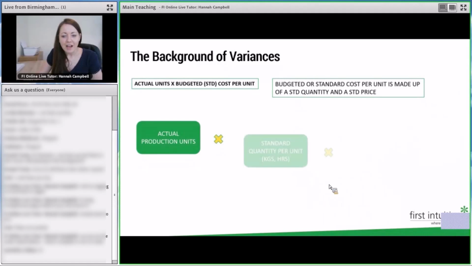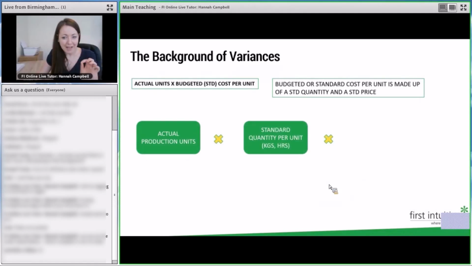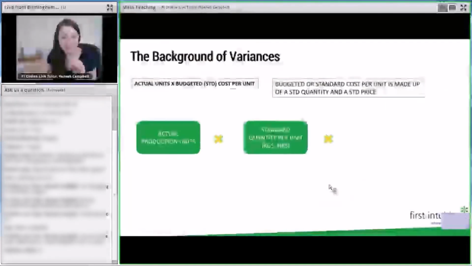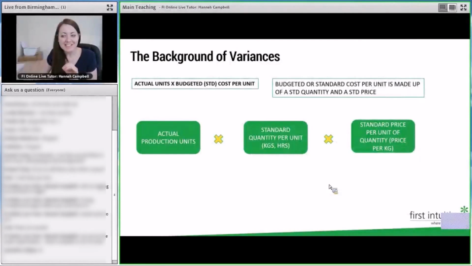So our flex budget is our actual production units multiplied by the standard quantity per unit, so kilograms or hours, multiplied by the standard price per kilogram, or per hour. So we're taking the flex budget now and breaking it up even further, because that standard cost per unit that we use in a flex budget can be broken down into quantity and price.